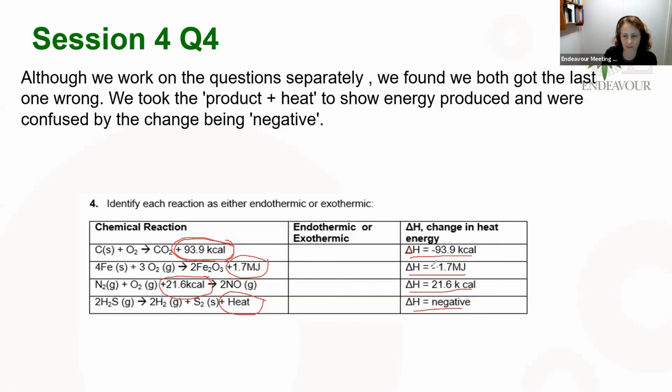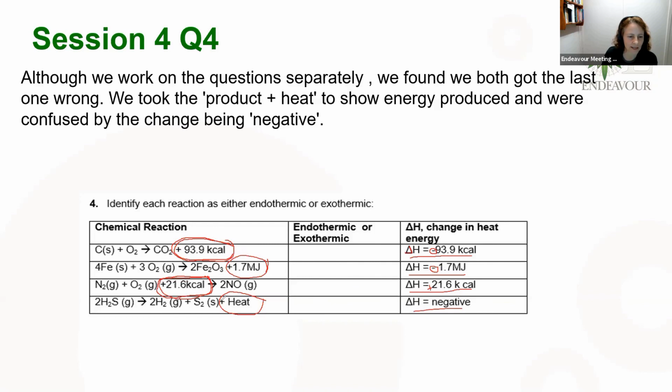So if it's minus, it means that the energy is on the product side. And if the energy is on the product side, is it being produced or used? Produced. Yep. And you can see this third one, it's plus 21.6 kilocalories, so that energy is being used in the reaction.